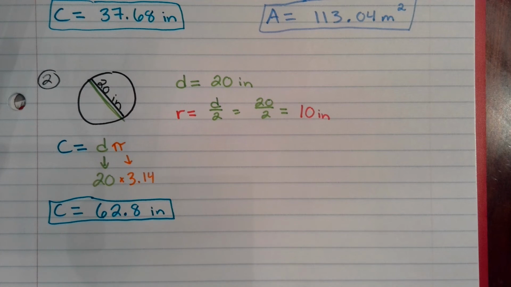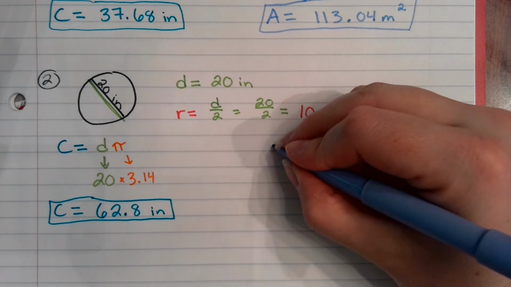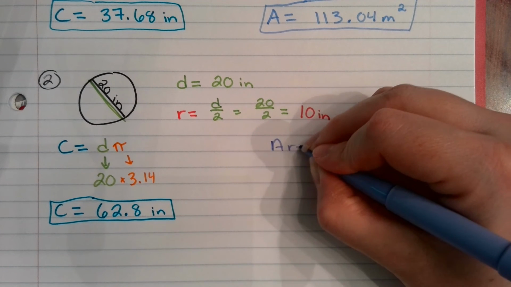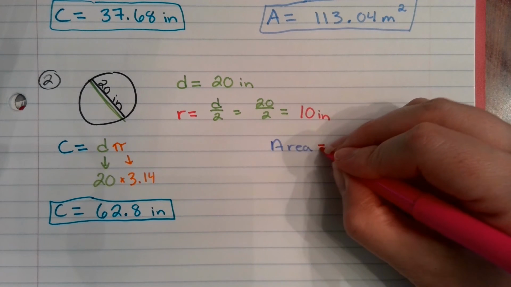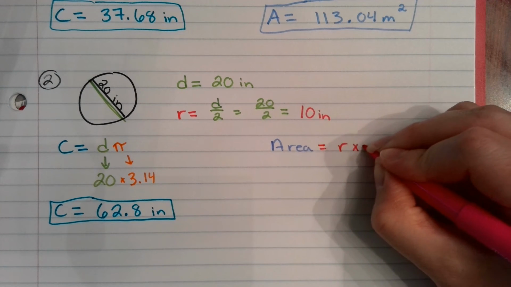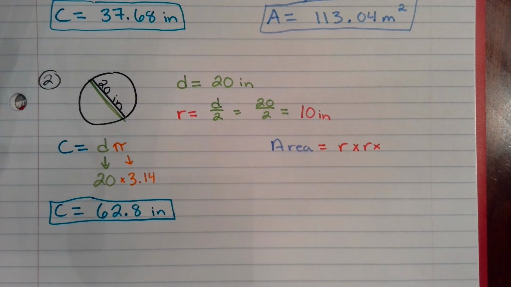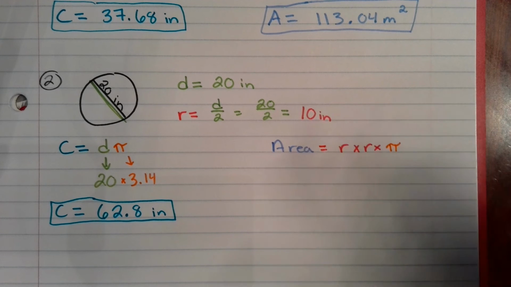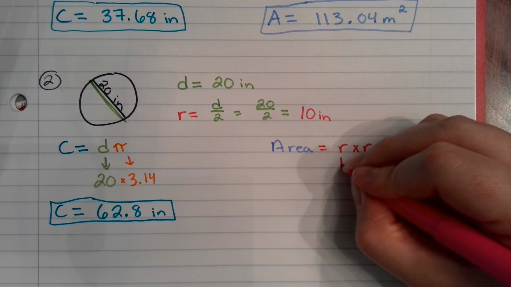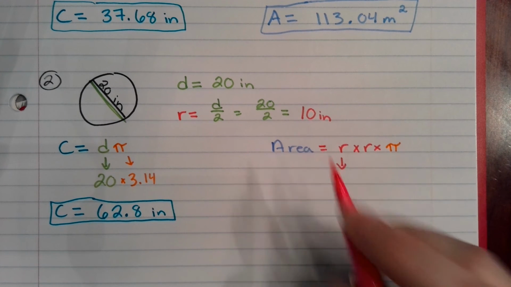Okay, now let's focus on the area. So again, area is equal to radius times radius times pi. The radius in this case is 10.